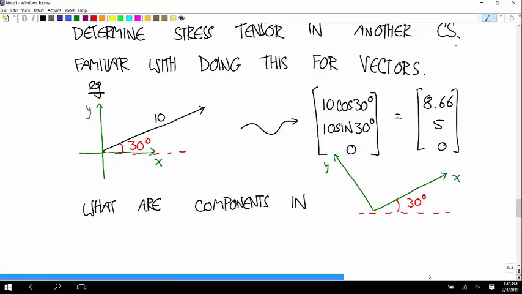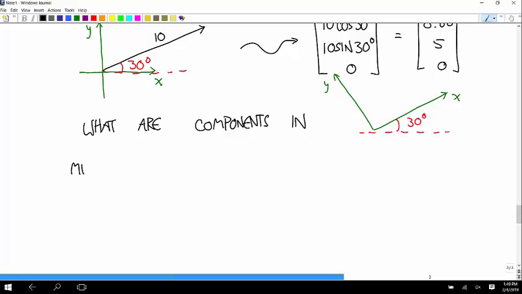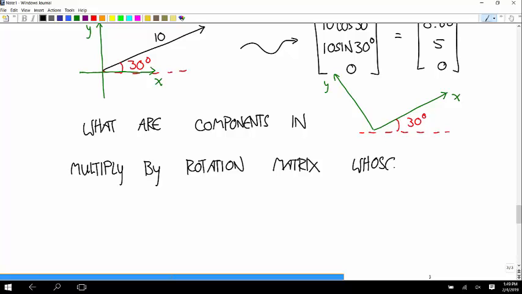And the way you do it is you use a rotation matrix. And I always think of it like this.